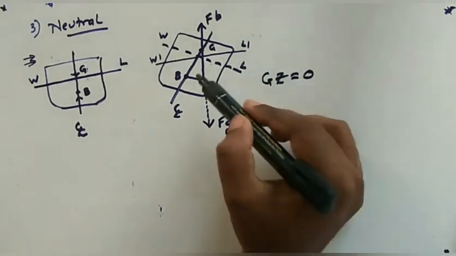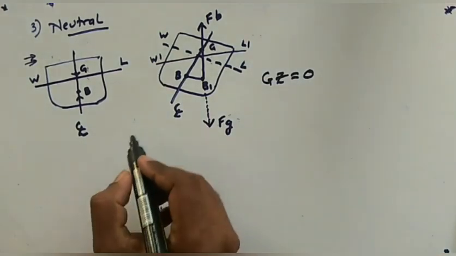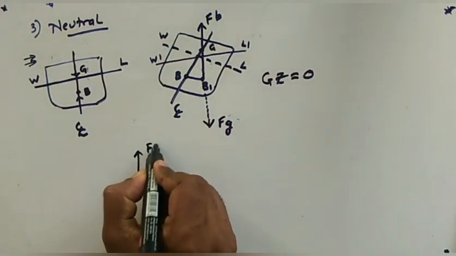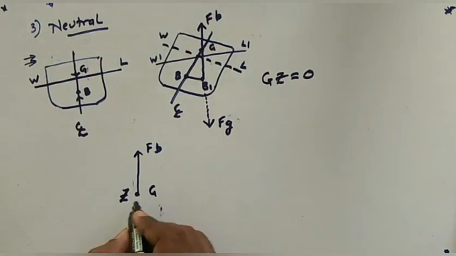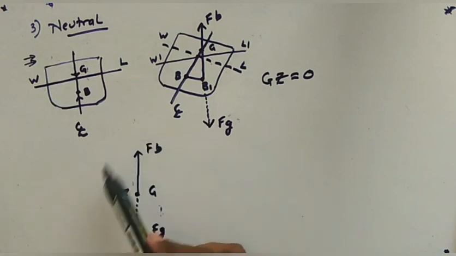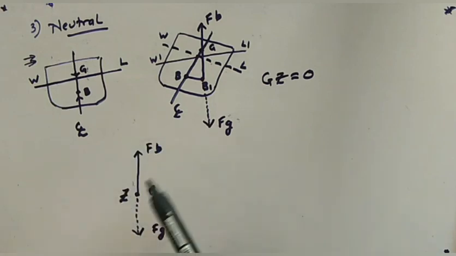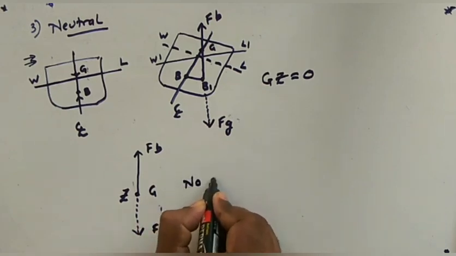And if I want to show the line diagram, it is a force of buoyancy. This is point G at the same point Z, and the force of gravity. So there is no moment here. This means the ship will neither come back nor incline further. So I can write it as no moment, right?